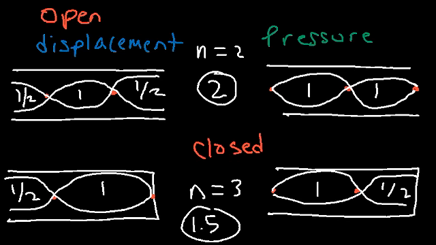So the number of loops should still be the same. But for pressure, you always have a node at the open end and an antinode at the closed end. For the displacement of air, you always have an antinode at the open end and a node at the closed end.